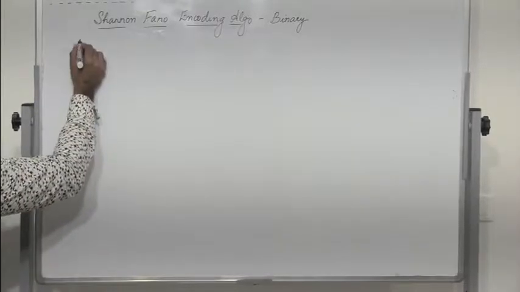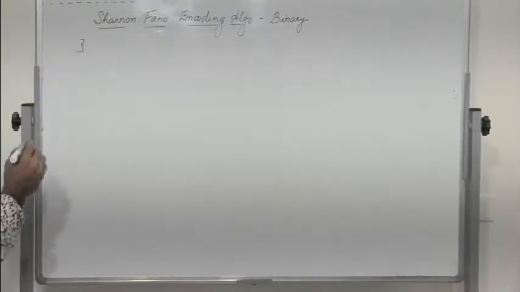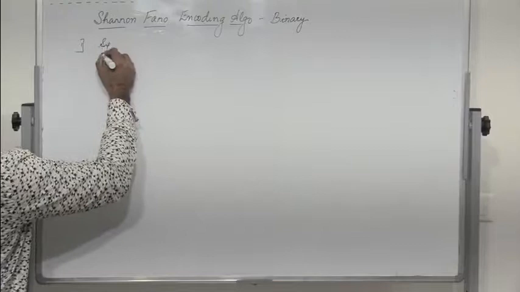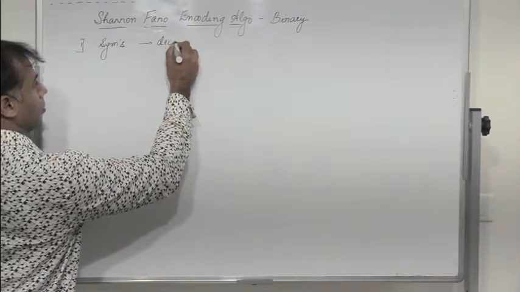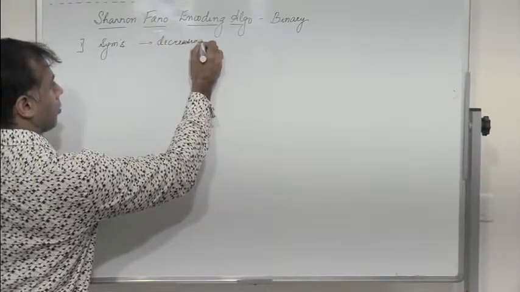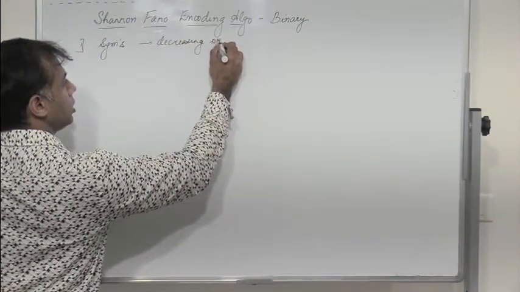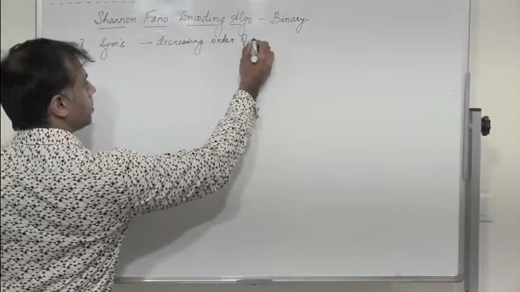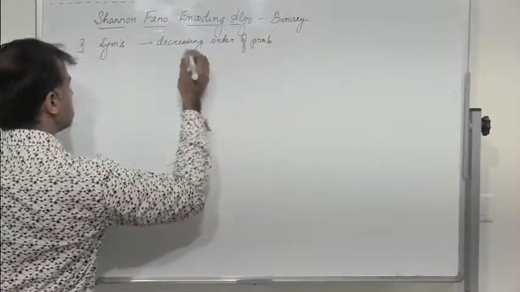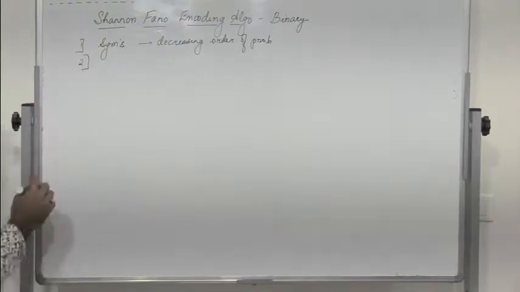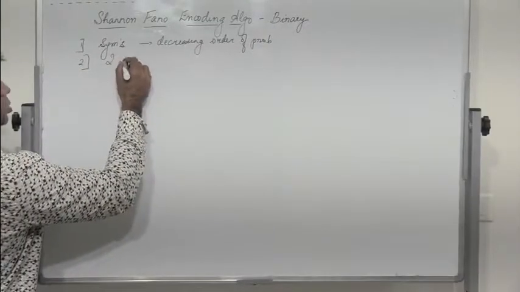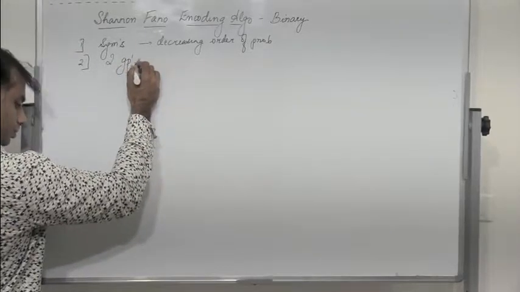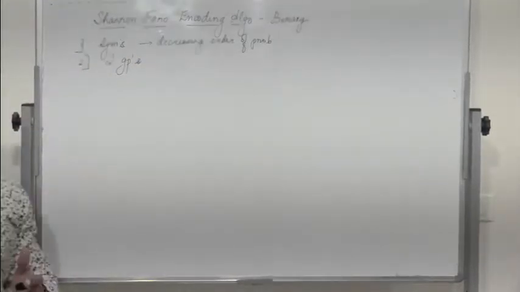So, what are the steps for the Shannon Fano encoding algorithm? The first step is to arrange the symbols in their decreasing order of probabilities. The second step is to divide the probabilities into two groups so that they are approximately equal.